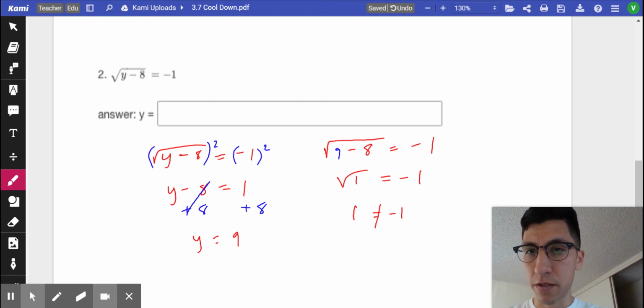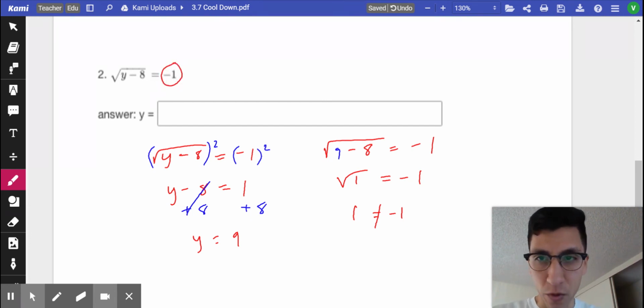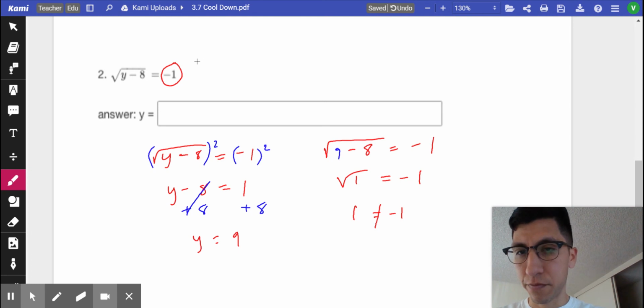And that's because the square root of an expression cannot equal a negative value, okay? So that right from the start, when you see that negative result from a radical, that should tell you there is no solution.